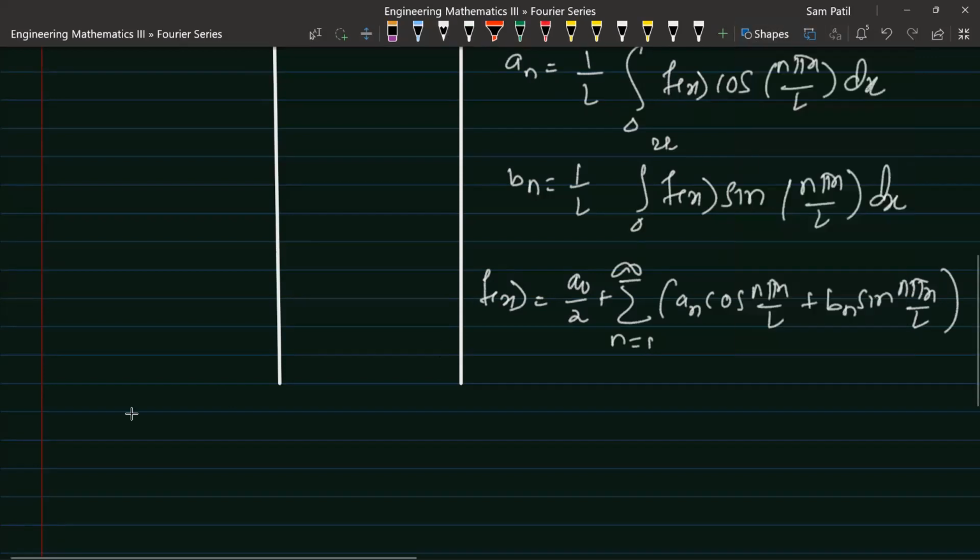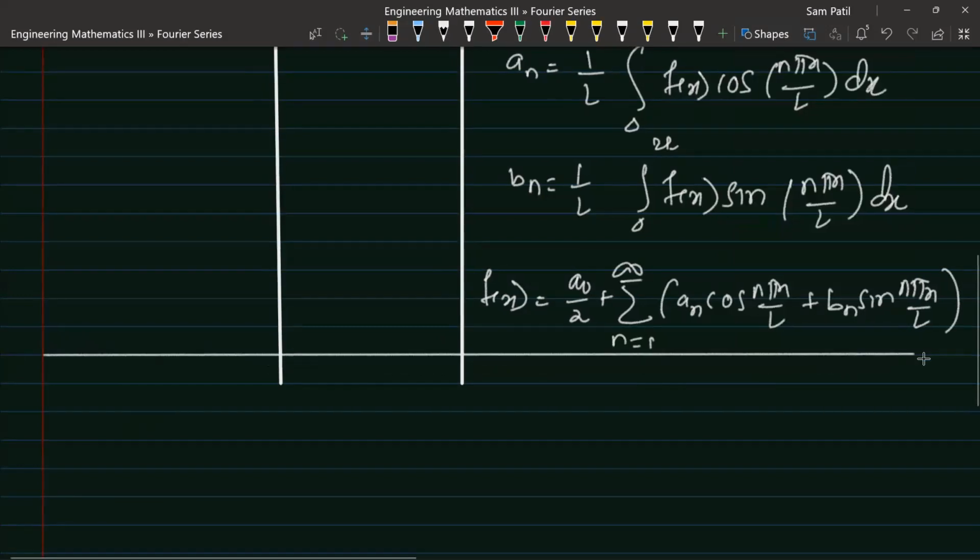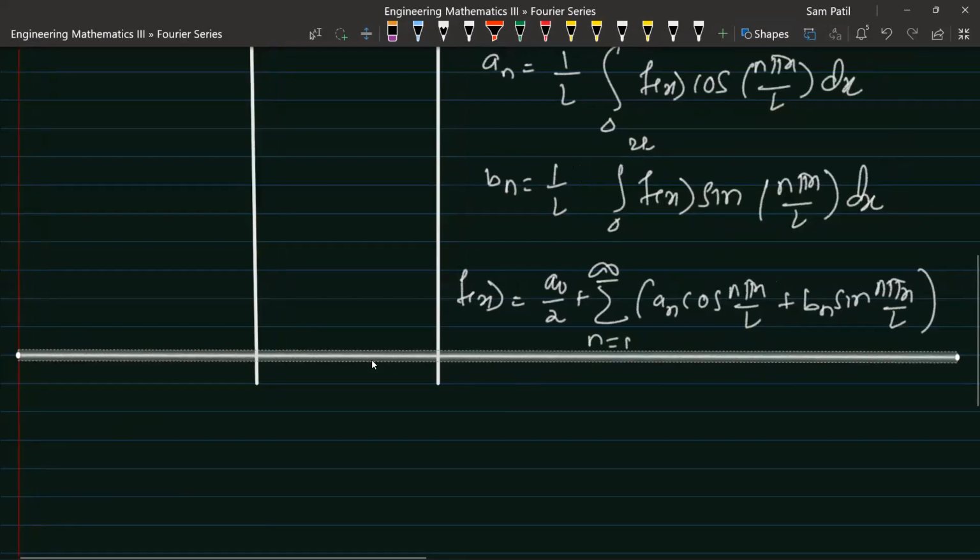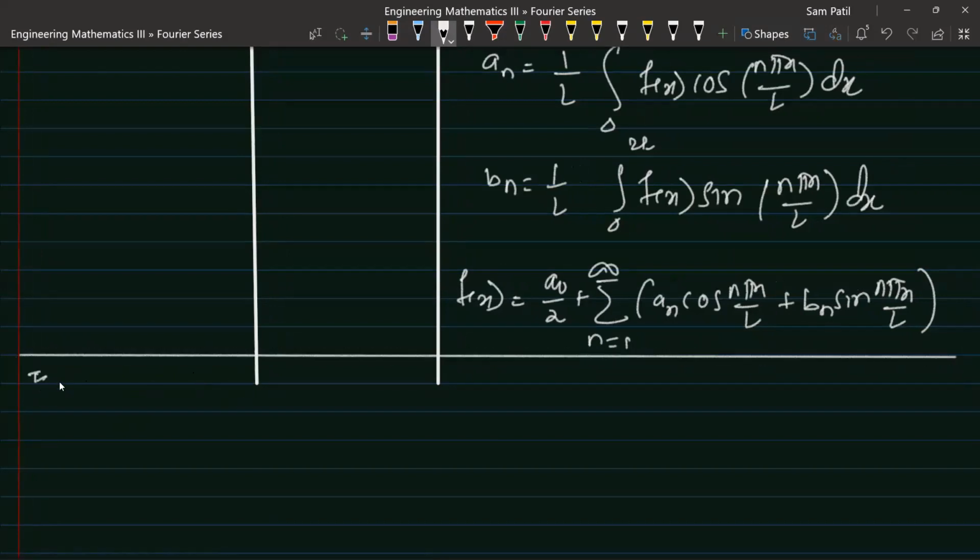Now next is what? If I change the interval, what will happen? Again the name of the series is Fourier series.